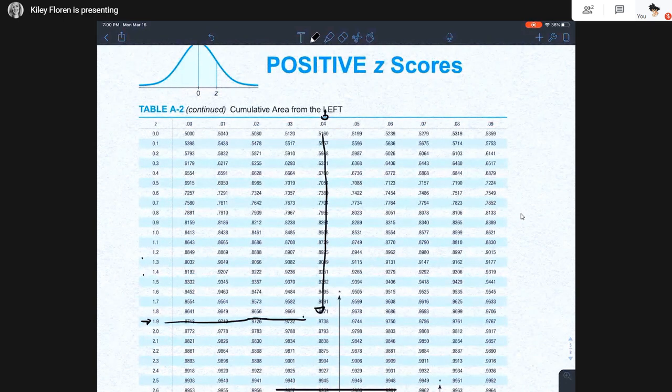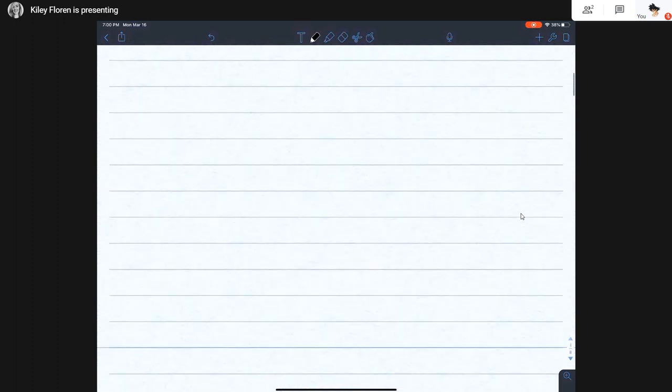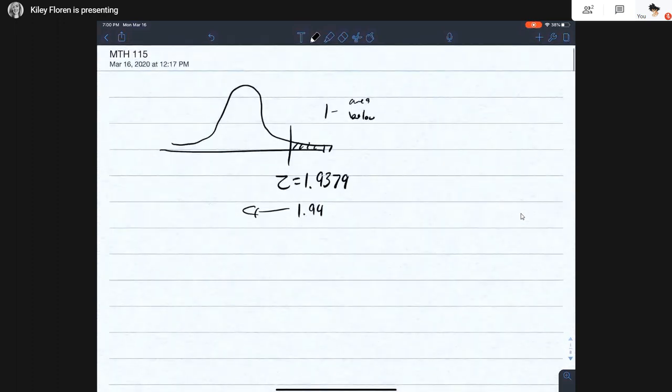That leaves me with 0.9738. So this is, again, the area to the left. Don't get confused. It's a common place to miss points on the test.